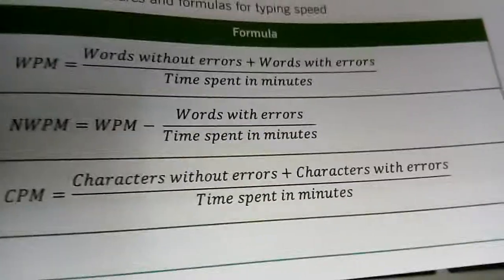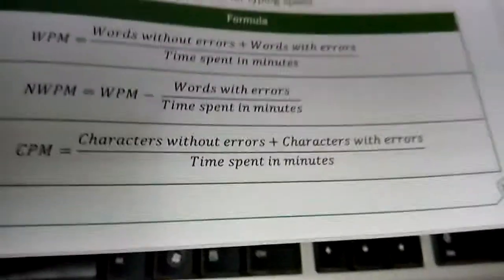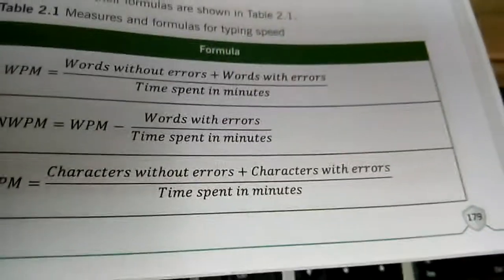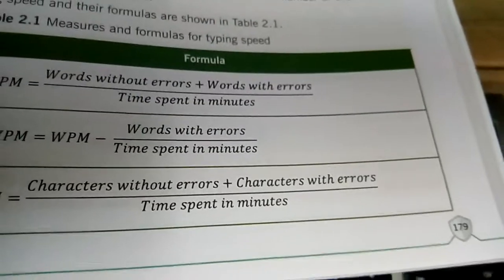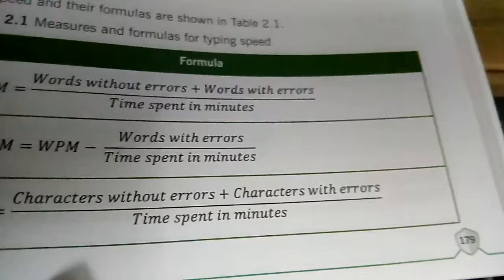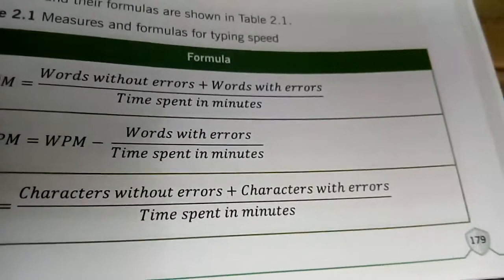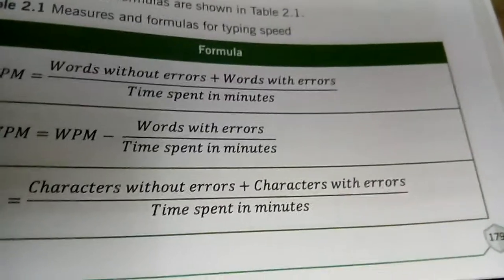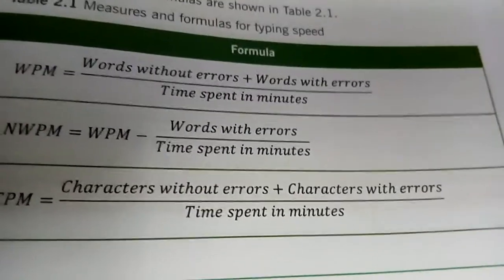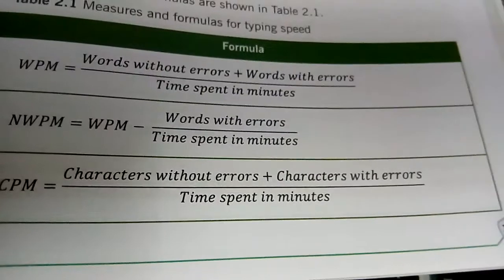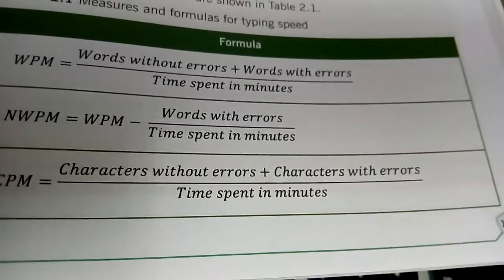Third formula is CPM. CPM is characters per minute. For that, characters without error plus characters with error. Suppose 20 characters you have typed without error, and suppose 5 characters you have typed wrong. Suppose instead of A you have typed S, or Q you have typed.